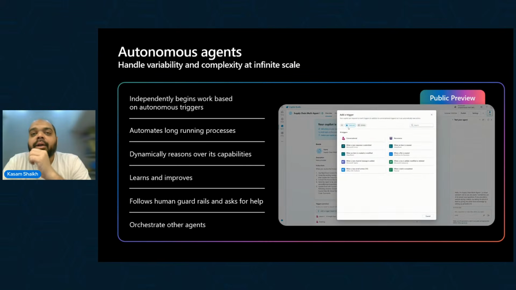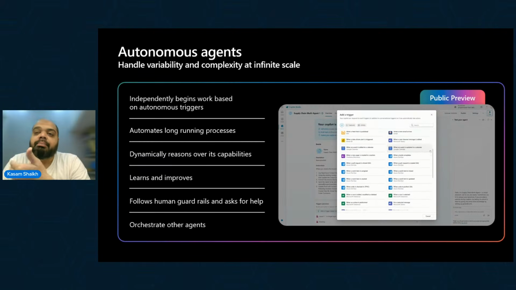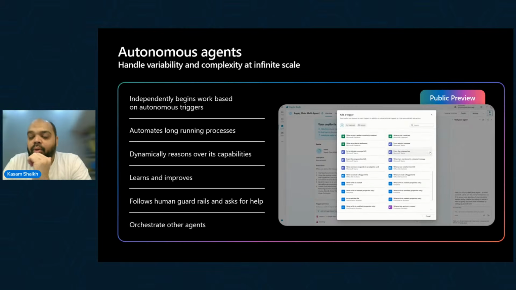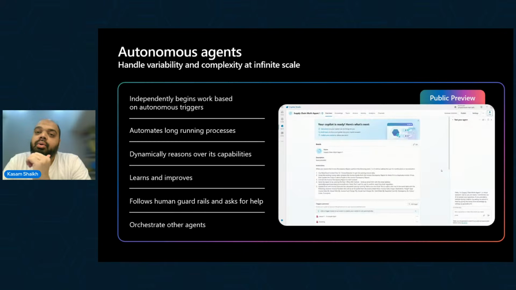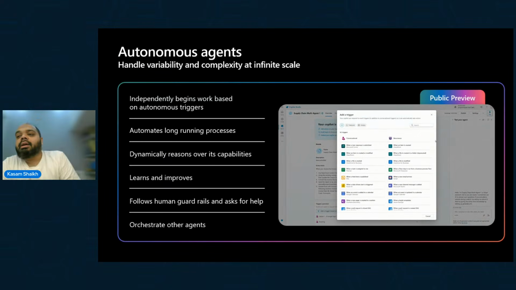Okay. So it also has self-healing, where it will learn and improve. One thing to take note of is that it also will comply with human guardrails, and it asks for help. So it can also trigger other agents as well.